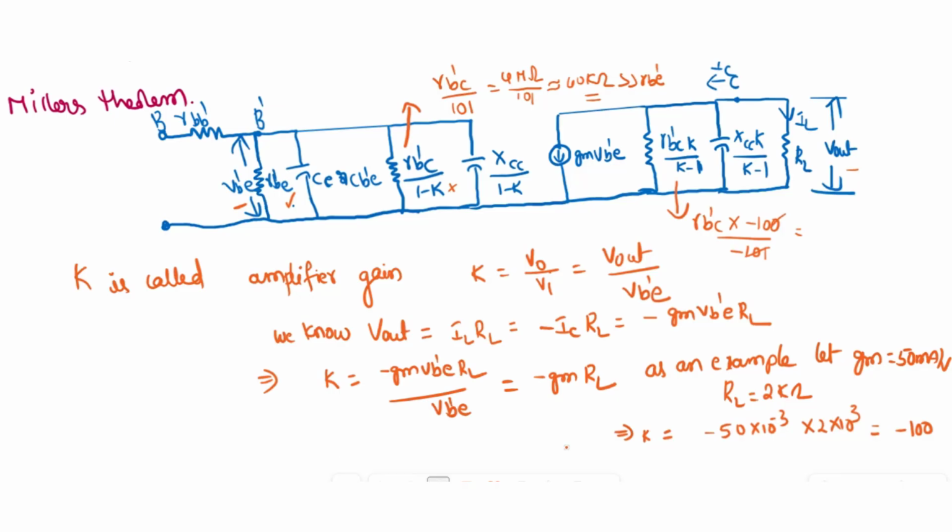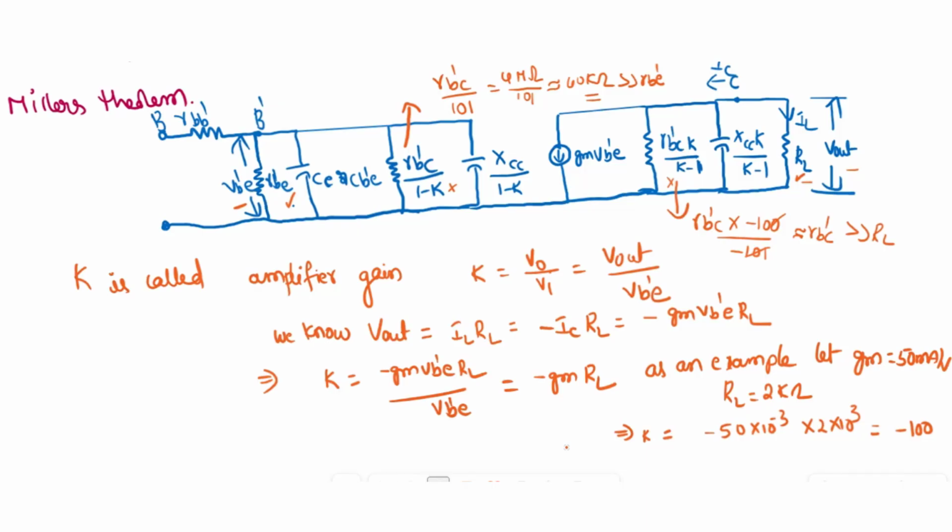Approximately these are the same, so it is approximately Rb'c, which is far greater than RL. So on the output side only RL remains. The parallel combination of RL and Rb'c into K by K minus 1 gives only RL. So you can keep this RL and open the other. Okay, and the other part.